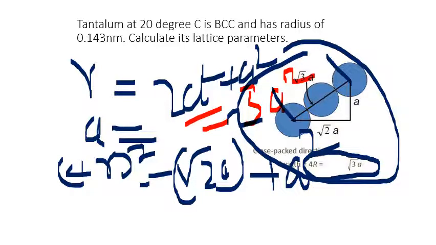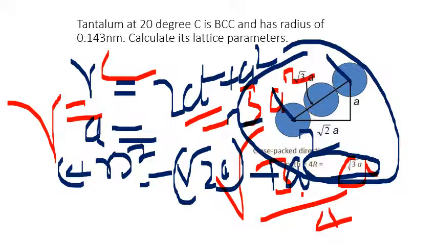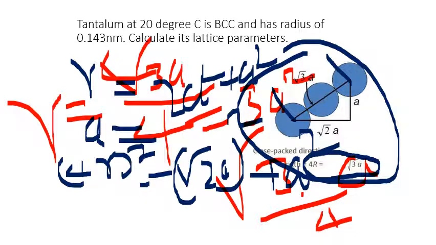When you remove the root, it will be root 3 into A, and if you move the 4, it is root 3 divided by 4 into A. So easily we can remember R will be equal to root 3A divided by 4, or else A will be equal to 4R divided by root 3.